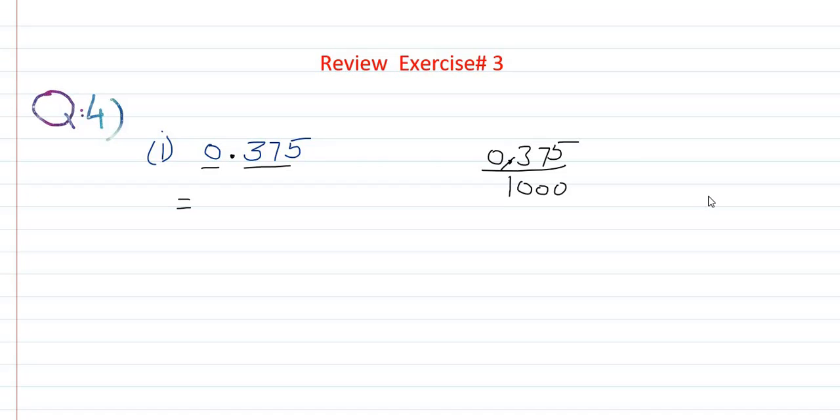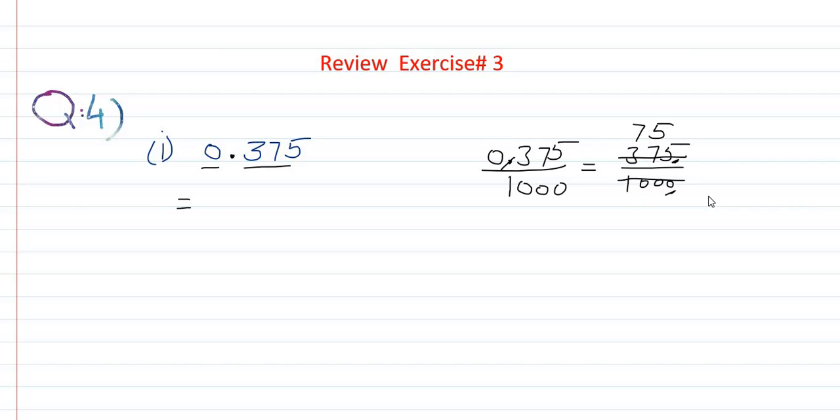Okay, now we get the answer, that is 375 divided by 1000. Now look here, this last digit is 5, and this last digit is 0. 5 and 0 can only both be divided by 5. So I divide by 5. 5 7s are 35, 2 carry, it becomes 25. 5 5s are 25.